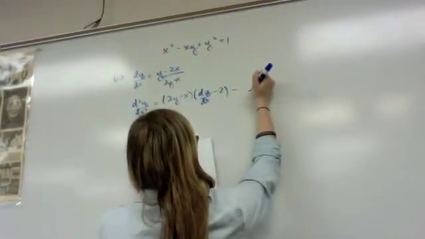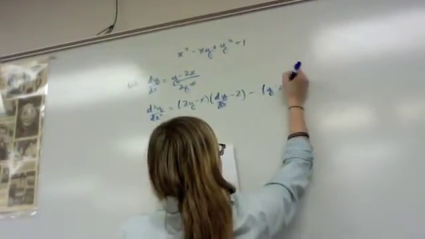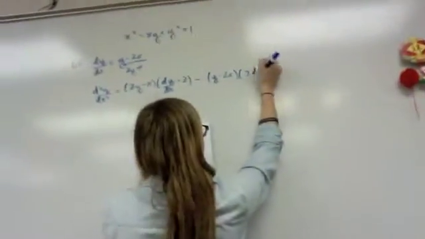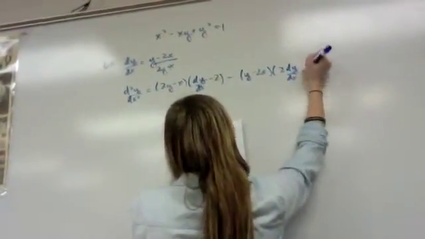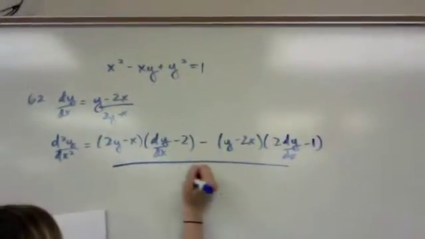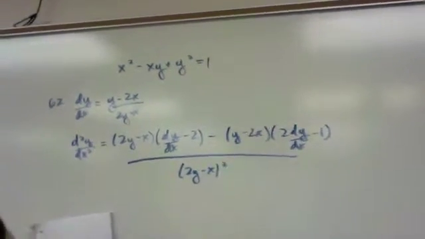And then minus high d low, so high, y minus 2x, times the derivative of the bottom, which is 2 chain rule dy/dx minus 1, all over low squared, 2y minus x squared.